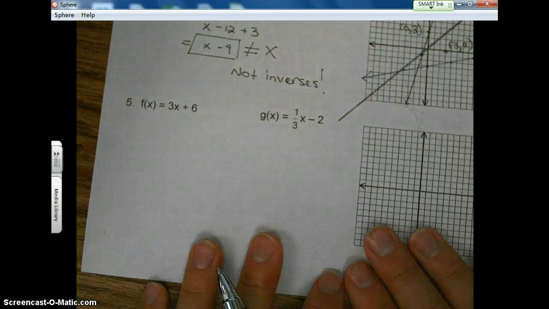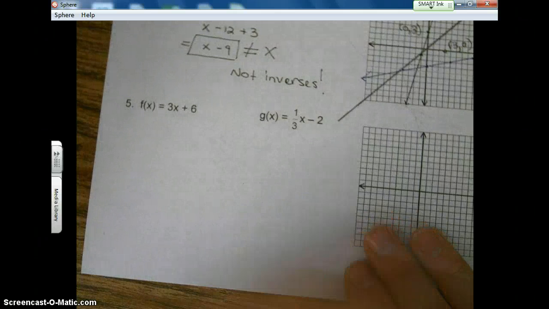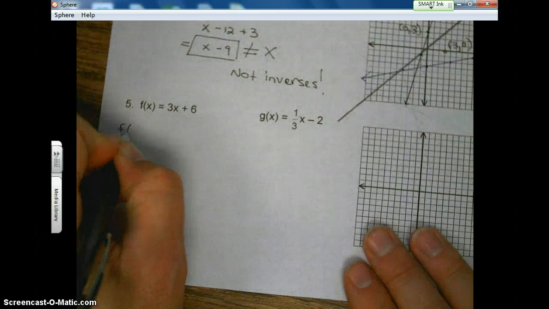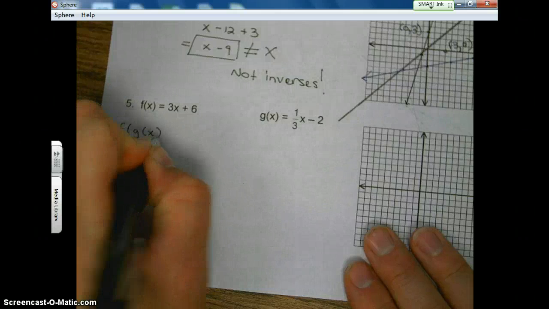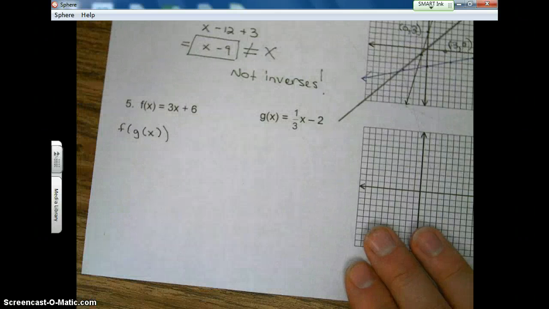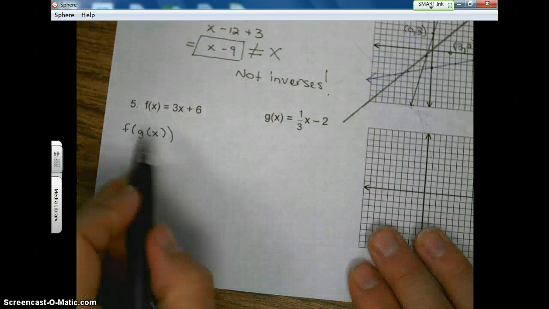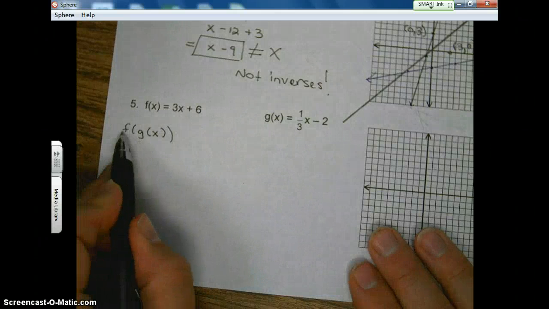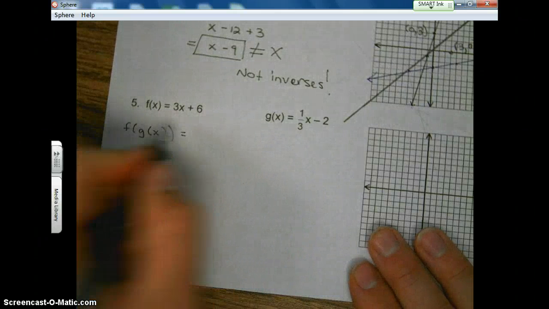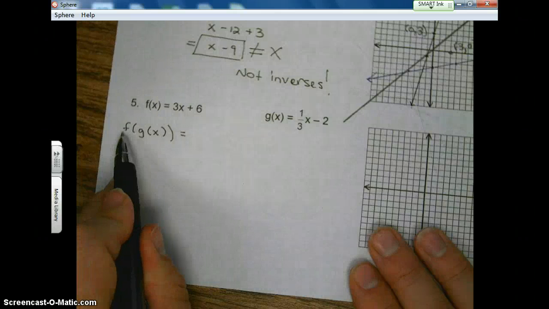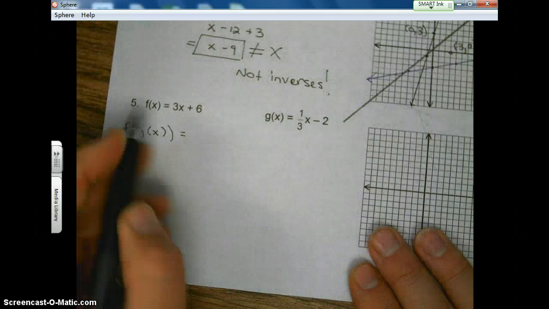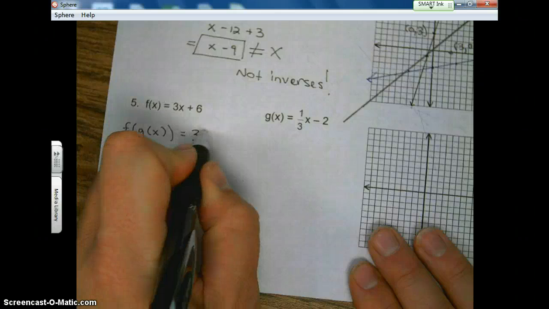Let's go ahead and do the algebraic method first. We'll do f of g of x. Again, function g goes into function f. So we're going to start with function f, which is 3x plus 6, so 3.